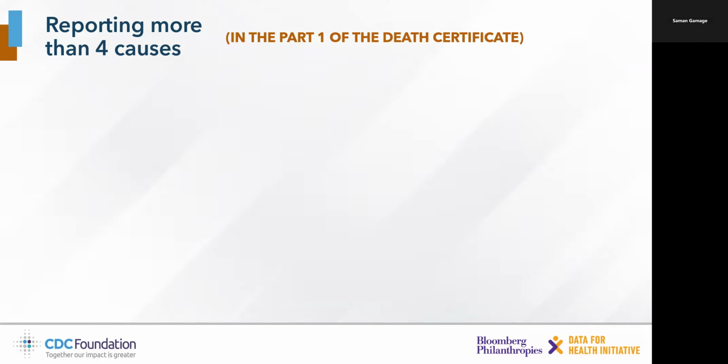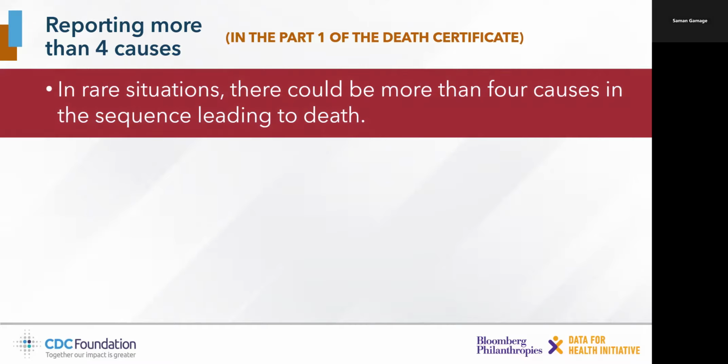In all these examples, we had only 4 causes or less than 4 causes in part 1. So how do we report more than 4 causes in part 1 of the death certificate? In rare situations, there could be more than 4 causes in the sequence leading to death.